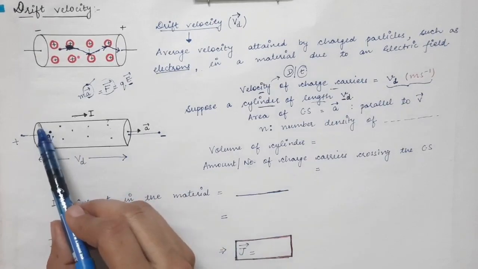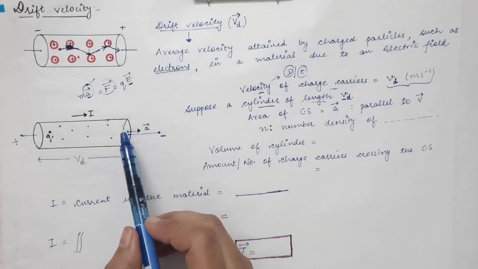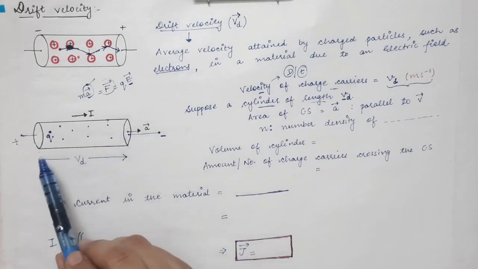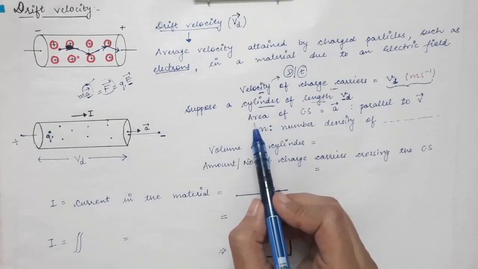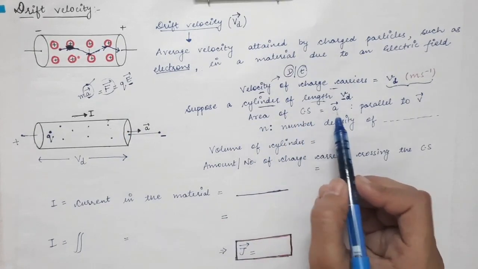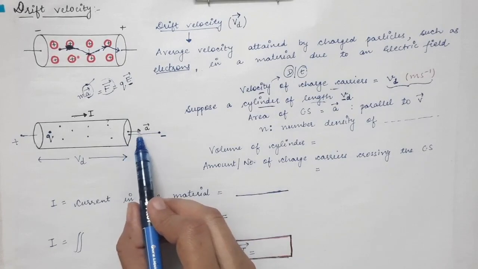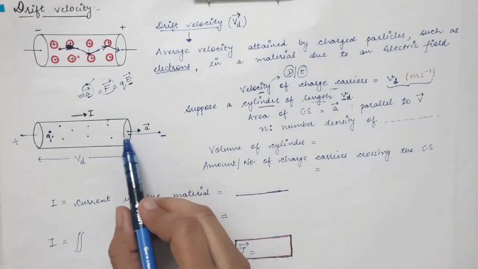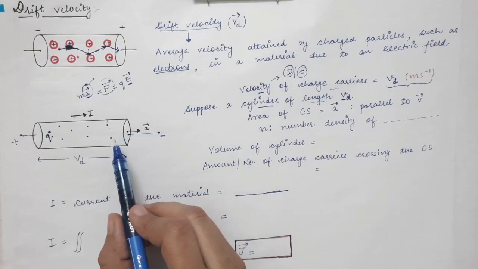So I'm considering a conducting material in cylindrical form, and its length is equal to Vd and its area of cross section is equal to A vector. The A vector, which I have shown over here, will be pointing perpendicular to the surface. So the area vector is always perpendicular to the surface at which it is drawn.